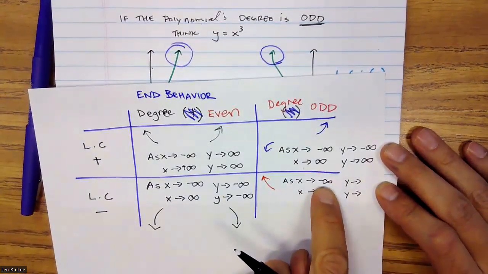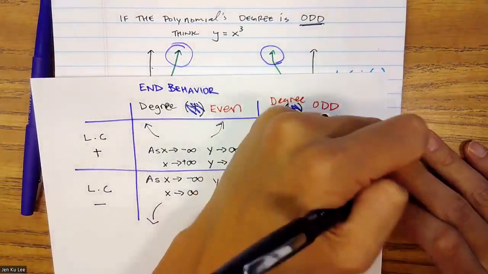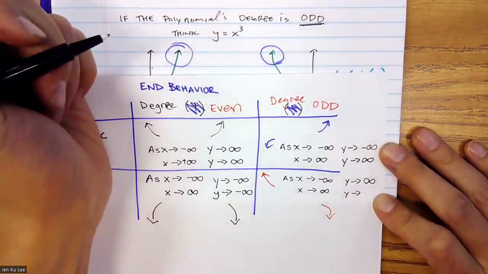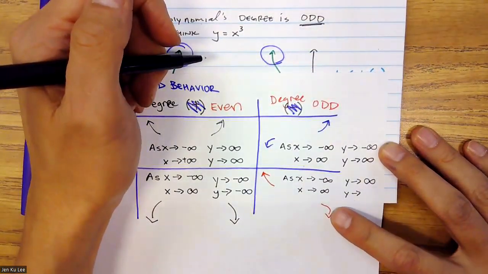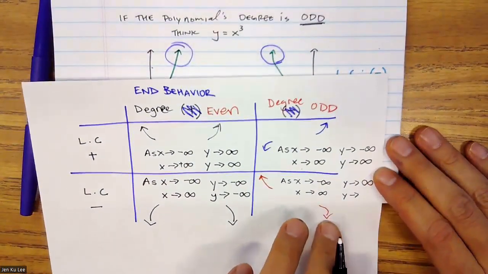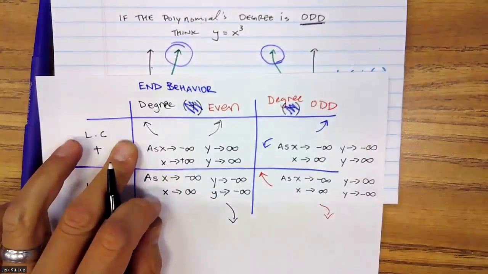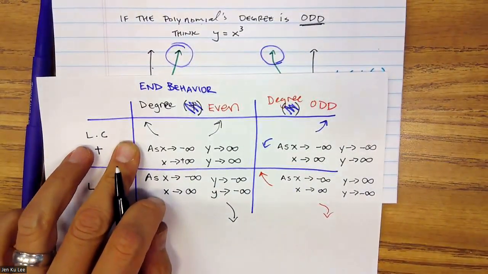As x approaches negative infinity, it's going up and up and up, so it's going towards positive infinity. As x approaches positive infinity, or the right-hand side of the graph, down and down and down, it's going towards negative infinity. Okay?